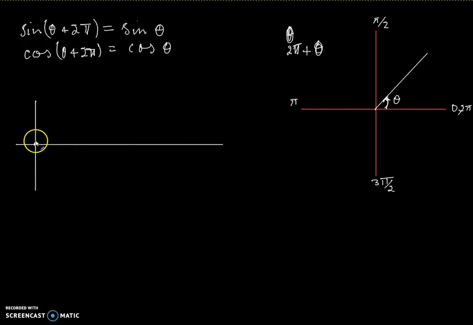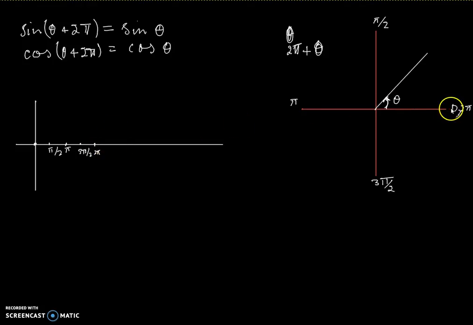So you can go to pi by 2, then pi, then 3 pi by 2, and 2 pi.